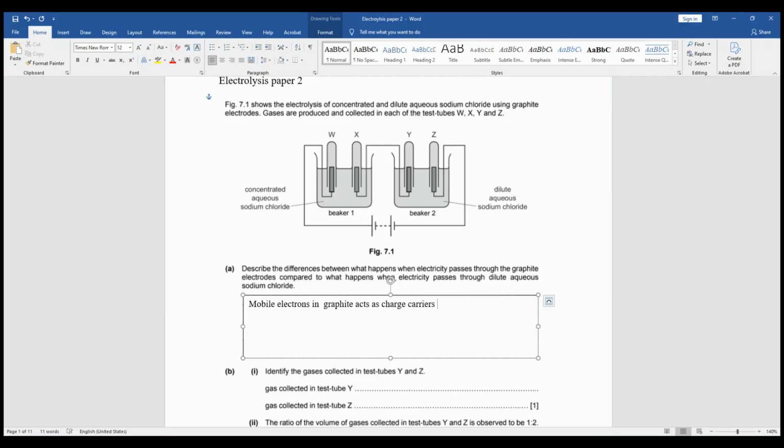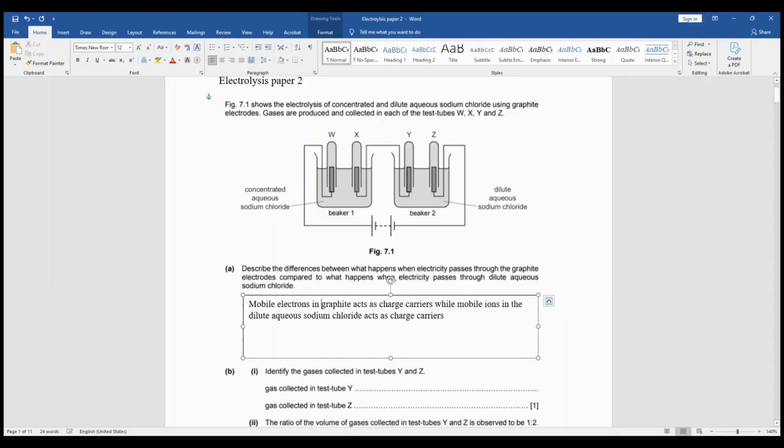Mobile ions in the dilute aqueous sodium chloride act as charge carriers.